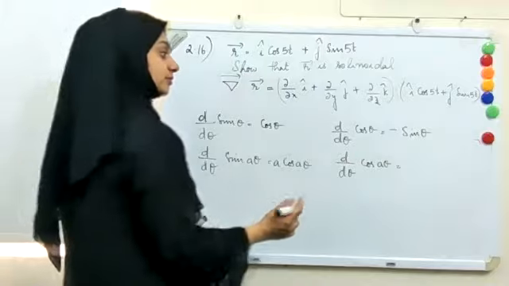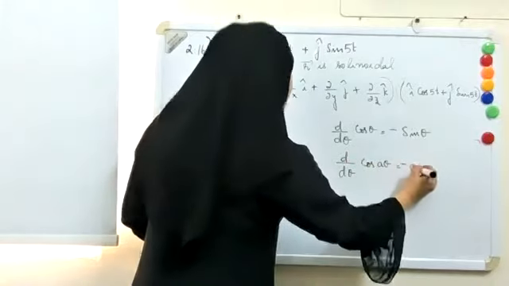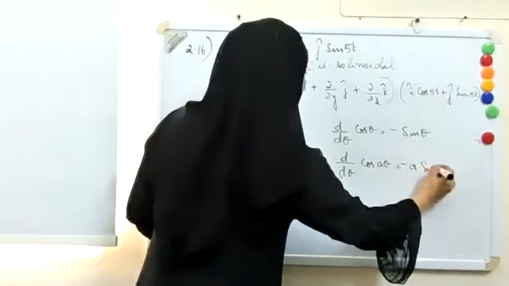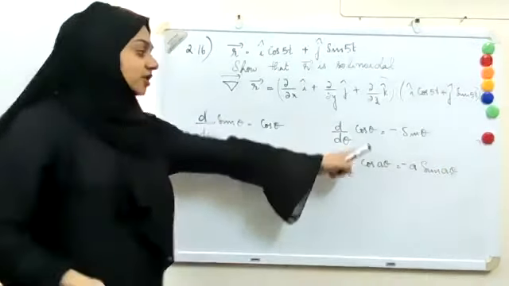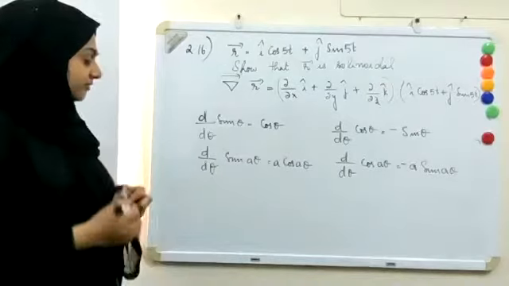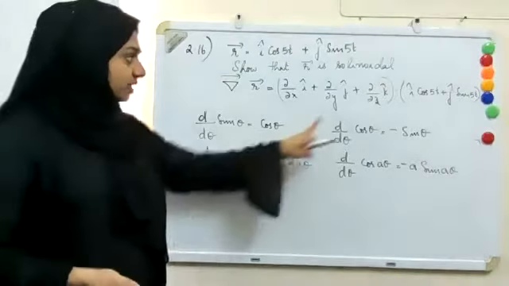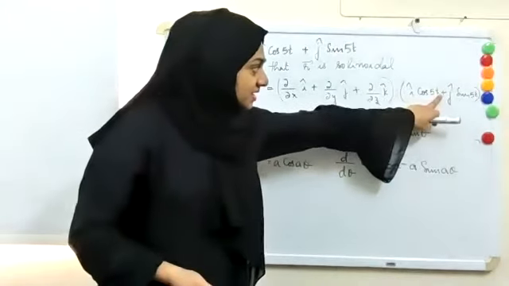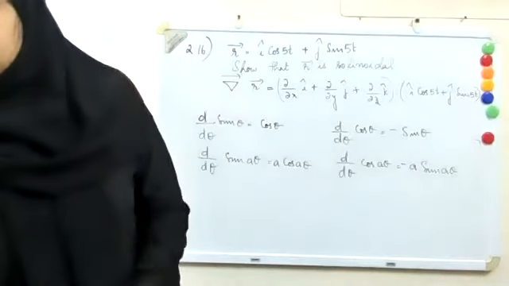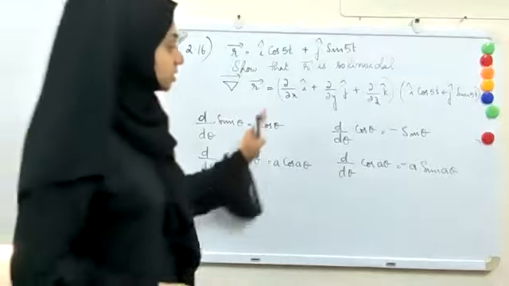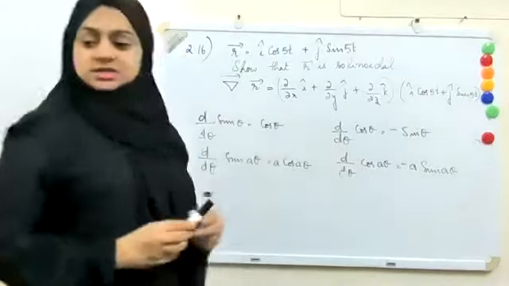Minus a into sin a theta. There will be a minus sign if you are differentiating cos, and if there is a constant with the angle, like 5t, you have to consider that. So this is the formula. Let us see now.